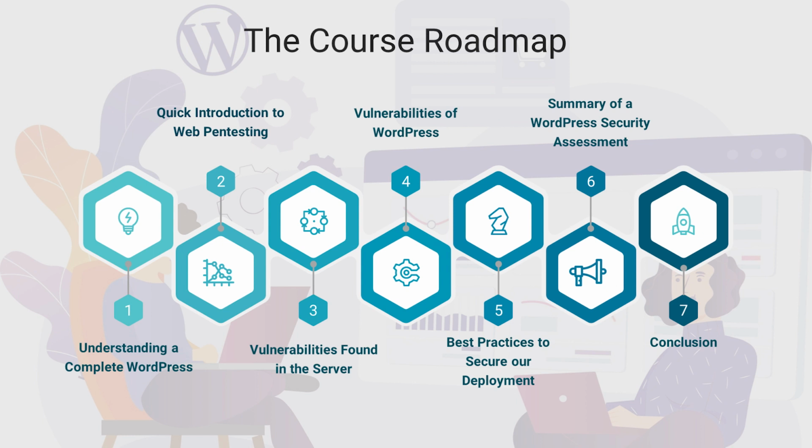Then we are going to give you some best practices to secure your deployment. Now that we have seen the different vulnerabilities that we can find in the server and in WordPress, obviously we will have to come up with some plan in order to patch or block them. The last thing we want is to have a vulnerability that we know exists and then for an attacker to be able to exploit it.